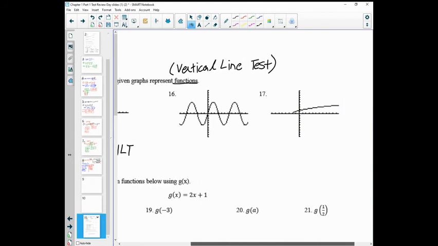Going across 16, if I draw vertical lines through that graph, even though it is curvy, it only passes once each time, which means that no x's repeat. So yes, it is a function because it passes the vertical line test.